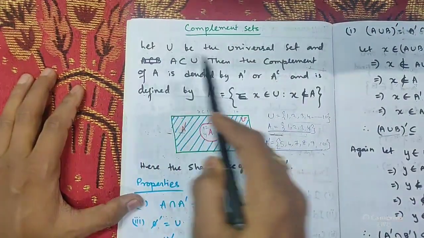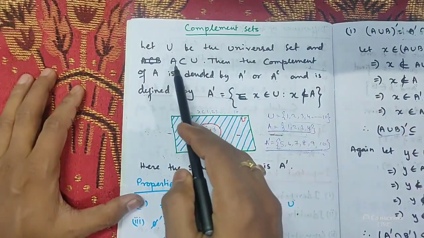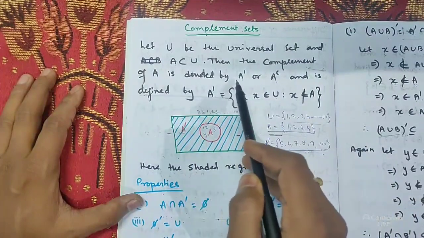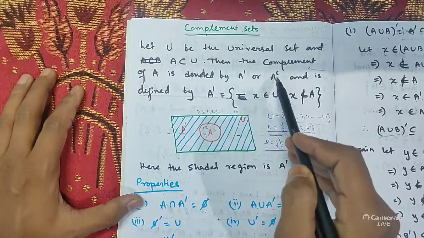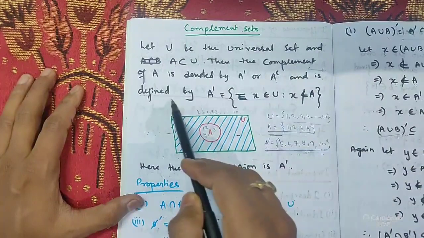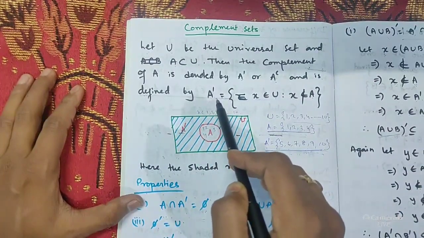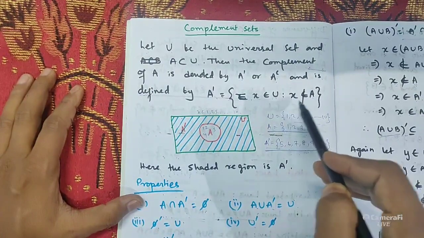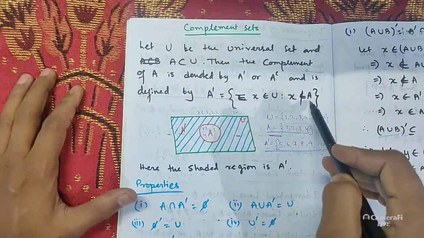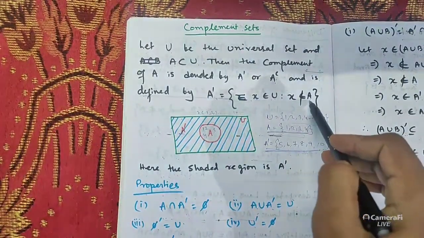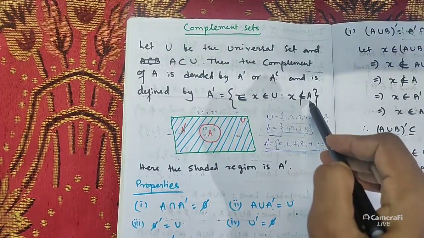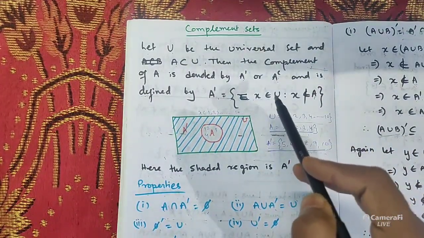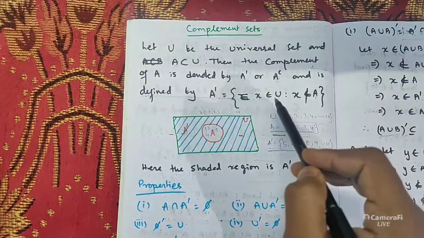If U be the universal set and A is a subset of U, then the complement of set A is denoted by A dashed or A to the power C and is defined by A complement is equal to X belongs to universal set such that X does not belong to A. So except the elements of A, the remaining elements which belong to the universal set are called the complement of the set A.